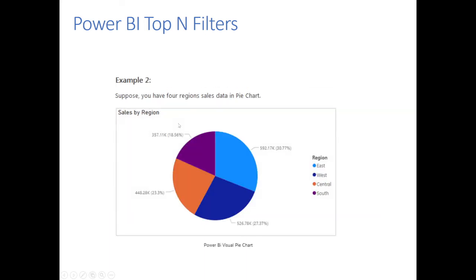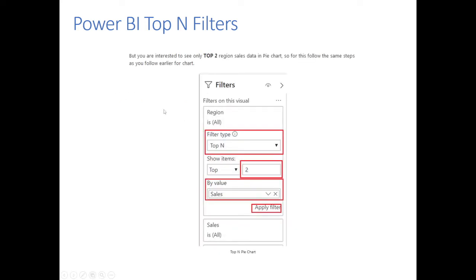So example number 2, suppose you have 4 regions, sales data in a pie chart. So again, we have east, west, central, south. Our legend is by region, and I think the value here is also sales. Yes, sales. But you're interested to see only the top two region sales data in the pie chart.